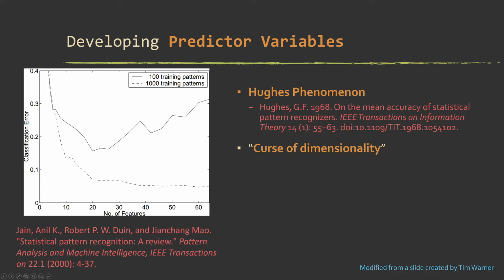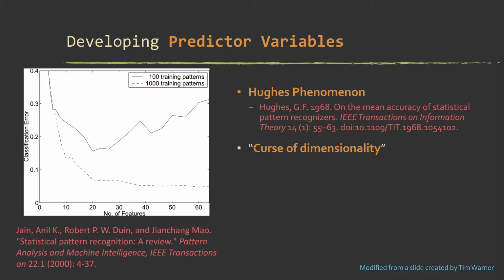Here we're seeing improved model performance up to, say, 20, 25 variables. Then instead of the model continuing to improve or level off, it actually gets worse, substantially worse towards the end here. So in this feature space where we have a smaller set of training samples, 100 as opposed to 1,000, we're actually seeing reduced model performance, or more error with more predictor variables, which seems counterintuitive.